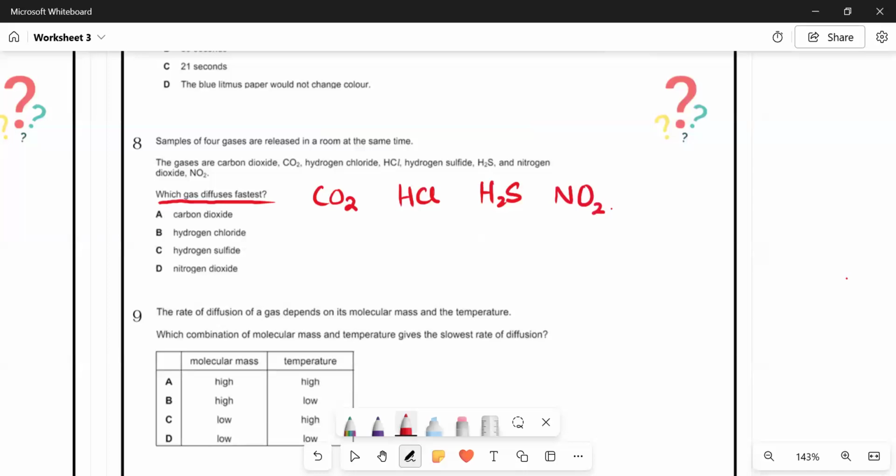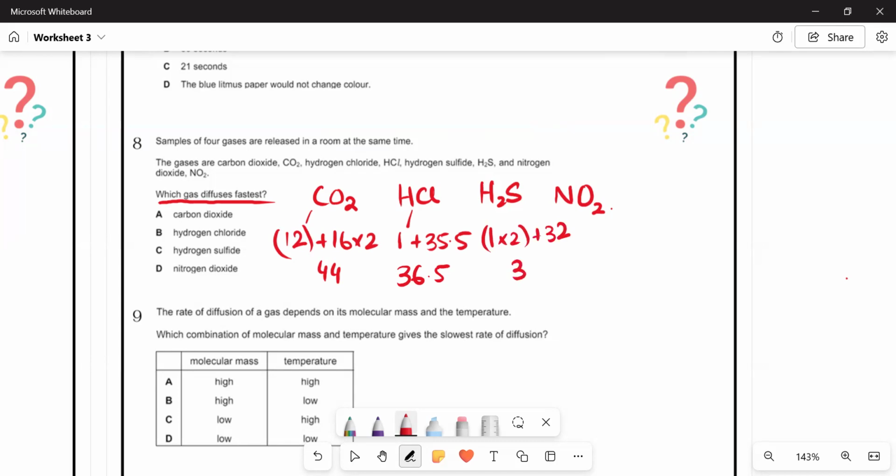For CO2, carbon is 12, oxygen is 16 into 2, which makes carbon dioxide 44. Hydrogen is 1, chlorine is 35.5, which makes HCl 36.5. For H2S, there are 2 atoms of hydrogen, so 1 into 2, and sulfur is 32, which makes hydrogen sulfide mass 34.